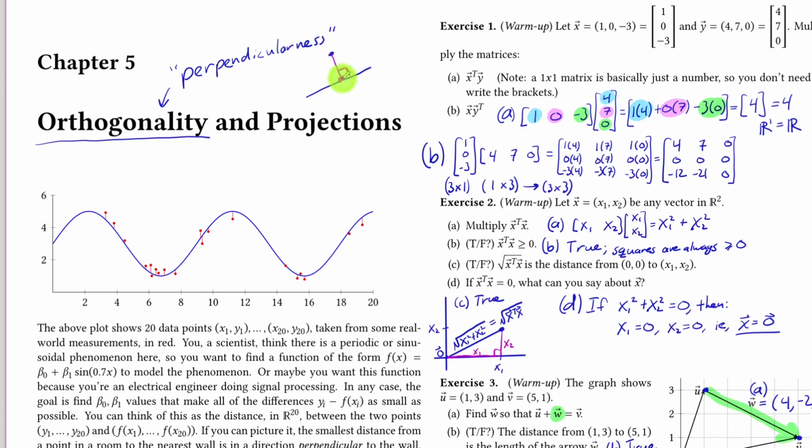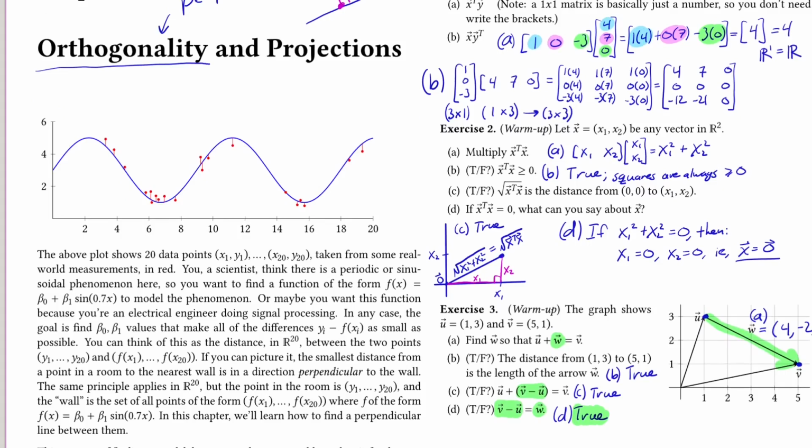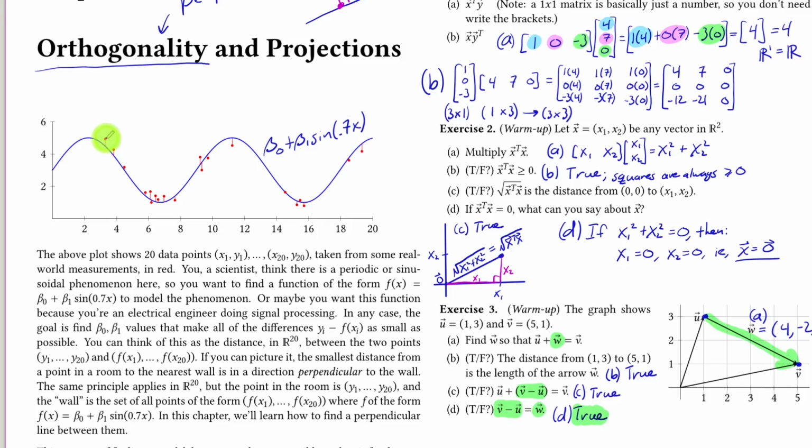So we're going to say that this point on the line is like the projection of this other point onto the line. And finding the closest point on a line to another point is actually very similar to finding the closest function of the form beta 0 plus beta 1 times sine of 0.7x to the points x1, y1, x2, y2, and so on.